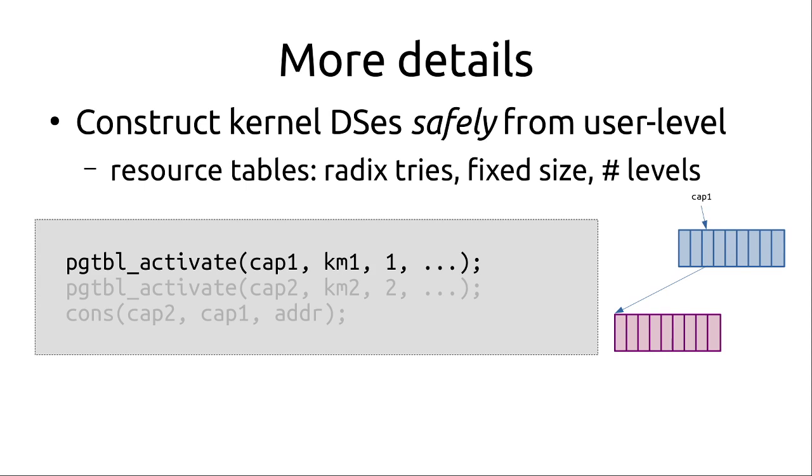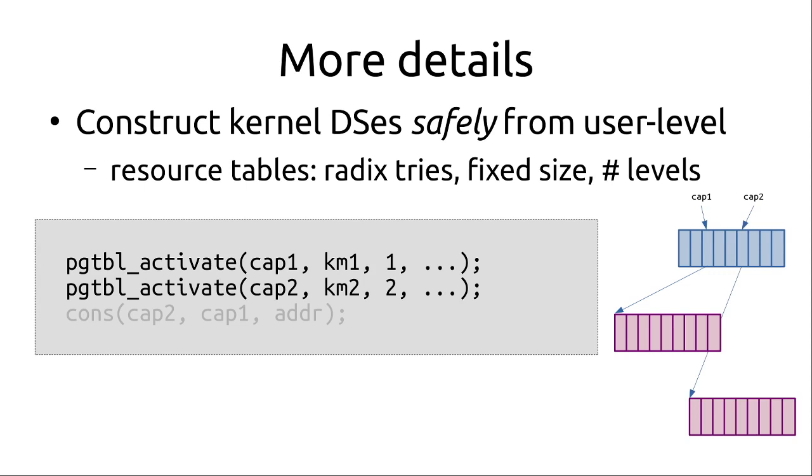Okay, that's fine. But we want to create a page table on a 32-bit system which has 2 levels. So we need to now create another page table node. In this case, we're going to create it at capability 2, somewhat arbitrarily, and we're going to use a separate piece of memory that has been typed as kernel memory. So this is again within our resource table somewhere.